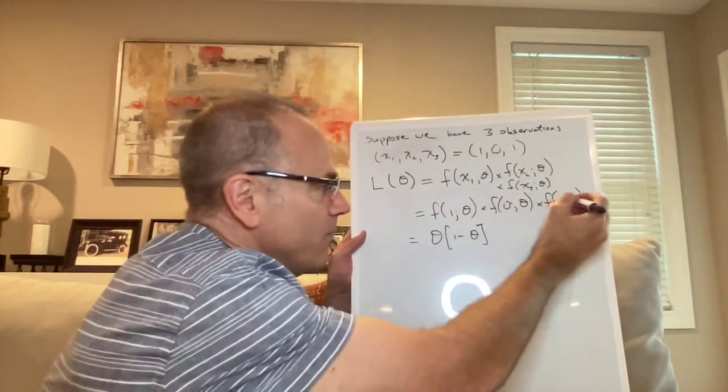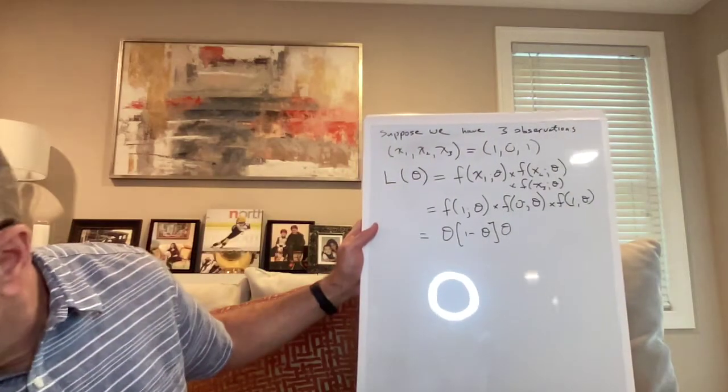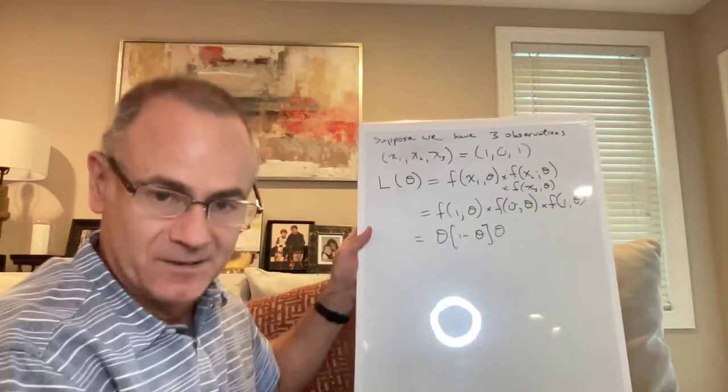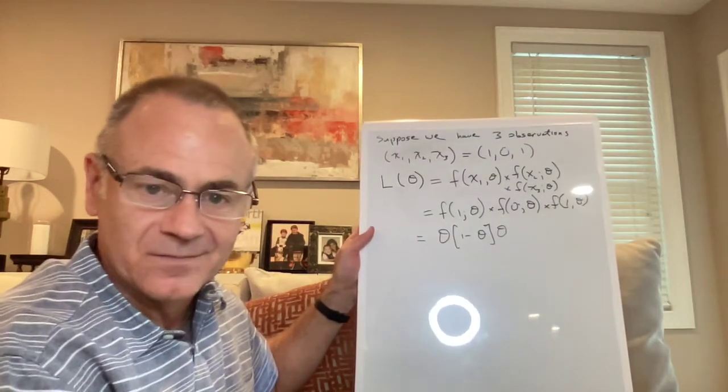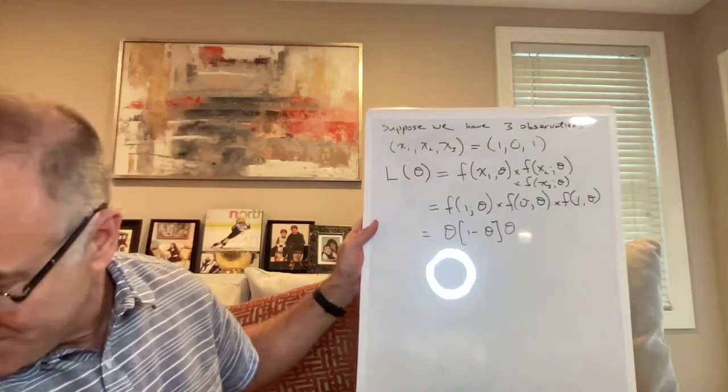And f of 1 given theta, again, is theta. So that is our likelihood function: theta times 1 minus theta times theta.